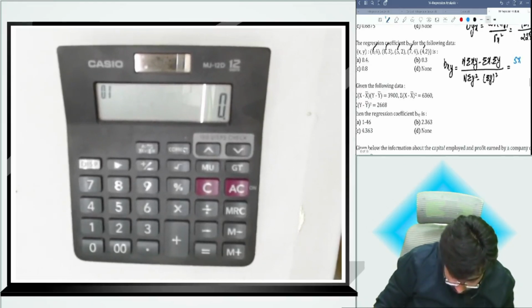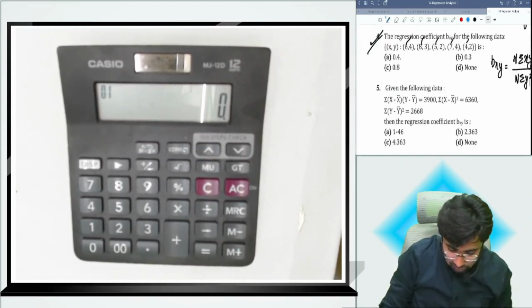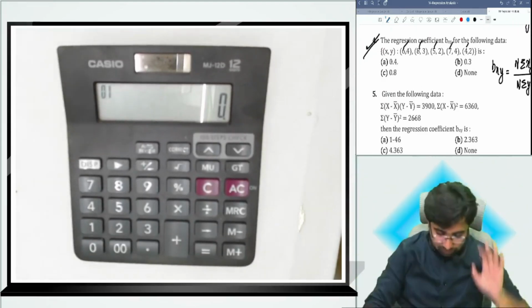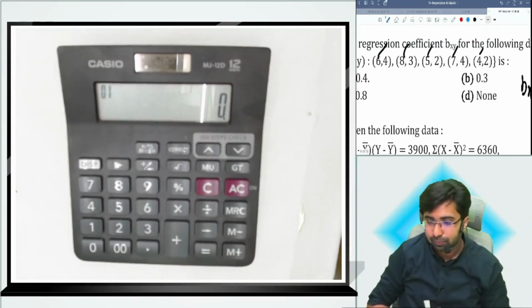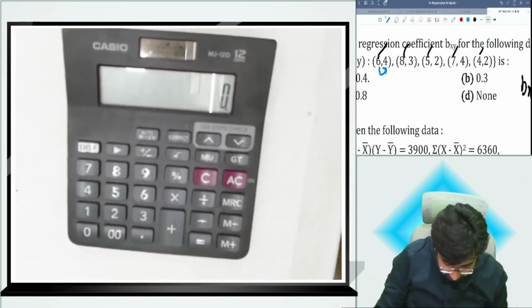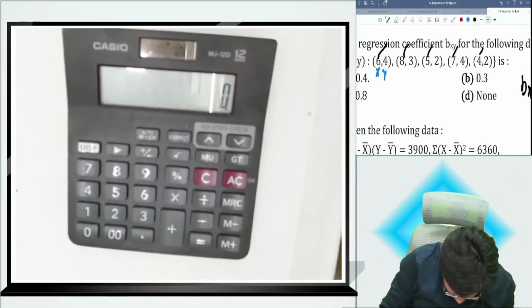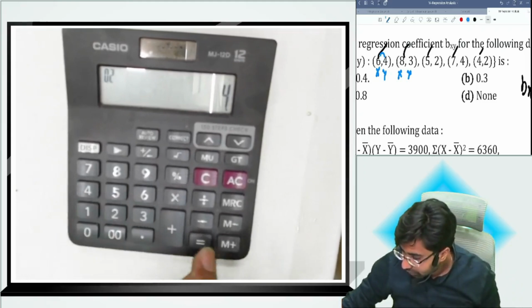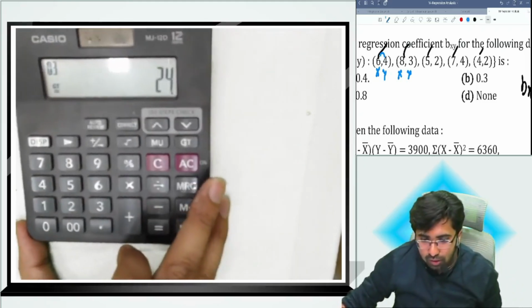Guys, now you want to have summation of x into y. Let's do x into y. This is x, this is y. Multiply 6 into 4, 24. M plus.